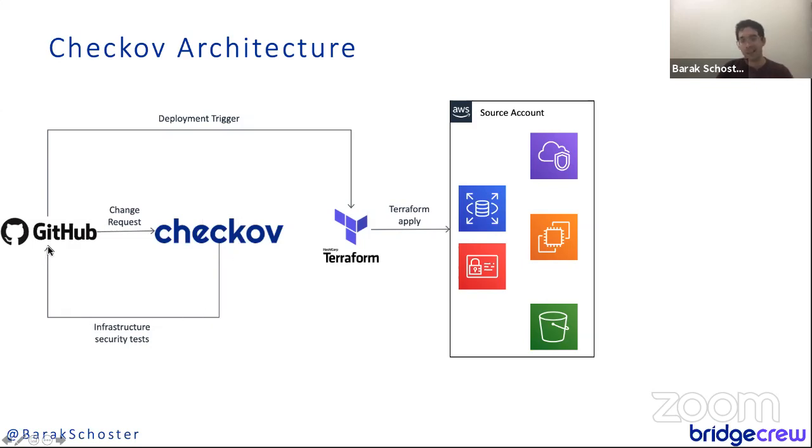After reviewing the Terraform code, Checkov might approve or reject the change request. And from there, GitHub or your other CI or CD system can trigger a deployment of your Terraform code. And this Terraform code, after it has secure infrastructure written in it, can apply the different resources on your AWS account.